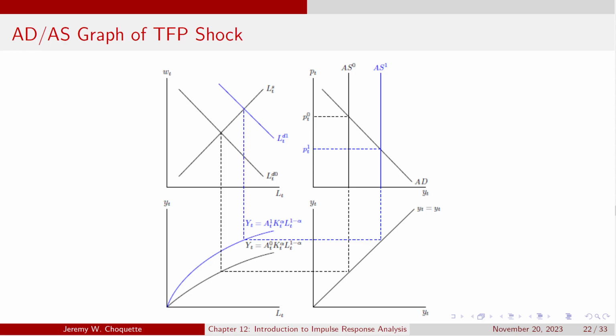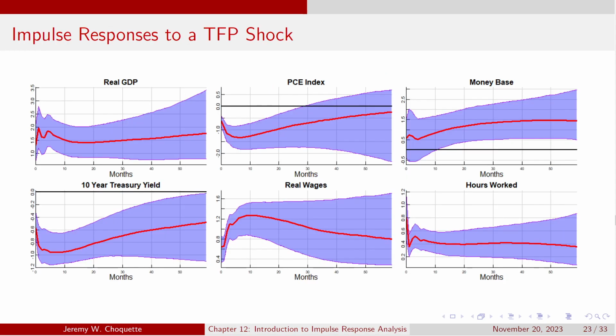So you're not seeing what happened with the money supply or the real interest rate. But for this shock, we're not so concerned about those. It's more what happened to labor, wages, output, and price. And here we can see prices fall, output increases, labor increases, wages increase.